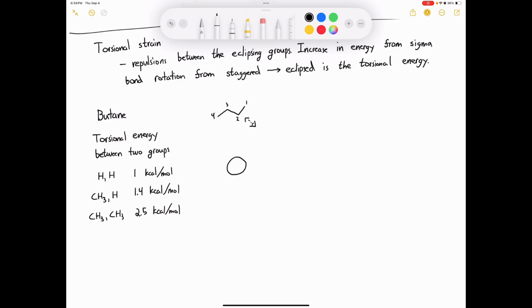If we look at the 2 to 3 bond, down that bond, my front carbon will have a methyl group coming up, as indicated by carbon 1. And on the front here are 2 hydrogens that are not explicitly shown. At the back carbon, carbon 3, there is a methyl group pointed downwards in the back.